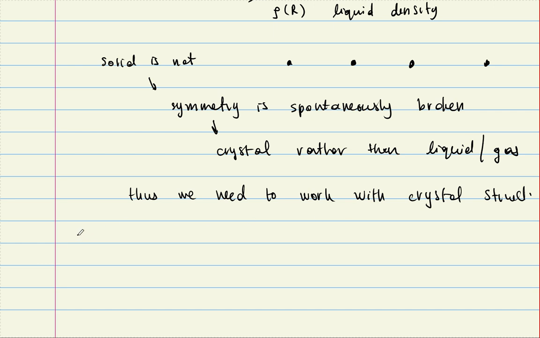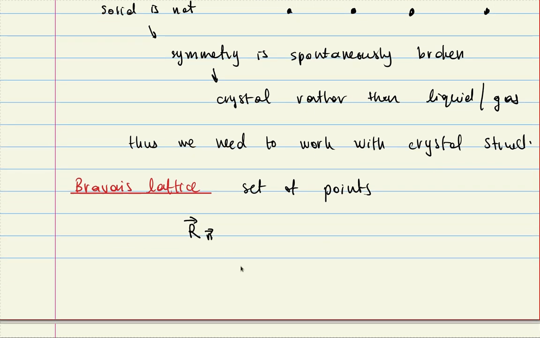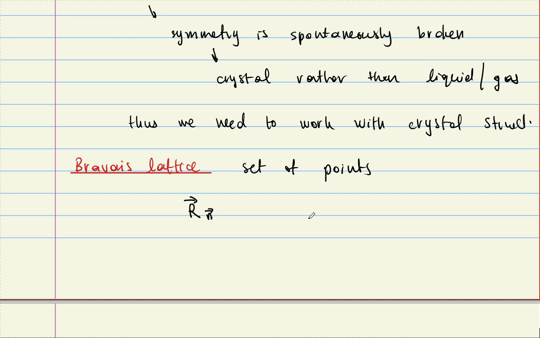The first thing we need to speak about in a crystal is the so-called Bravais lattice. This is a set of points that you can enumerate like this: there's some R that depends on a tuple of 3 or 2 integers, depending on the dimension, so this n is n1, n2, n3.